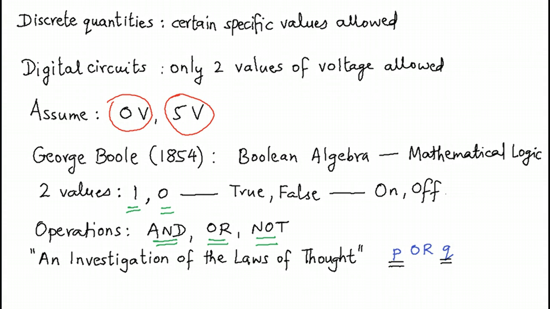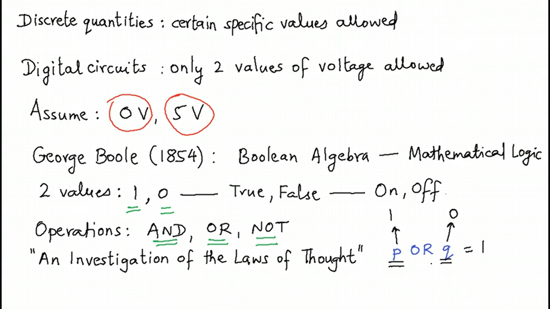And since we are taking a very specific example, let us consider the case where P is 1 and Q is 0. Now in that case, the operation of OR gives the result of 1. That is the way that the logical operation OR has been defined.